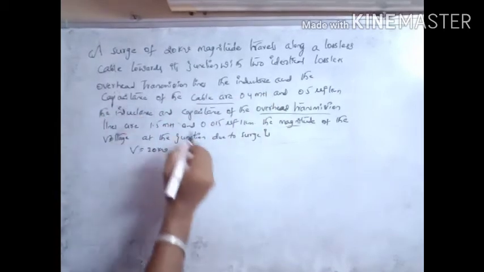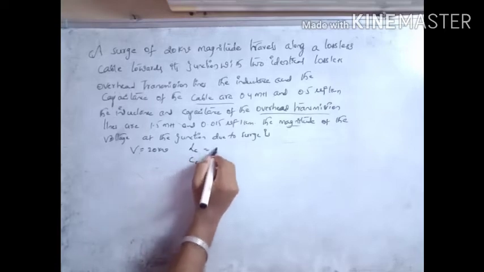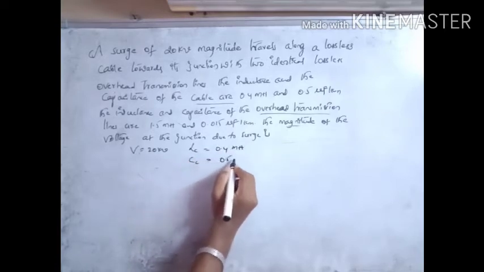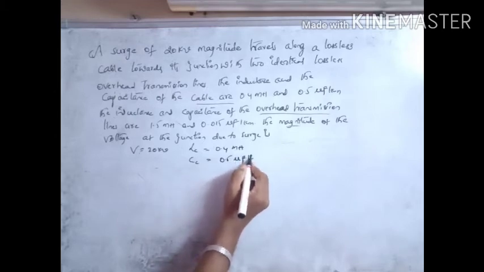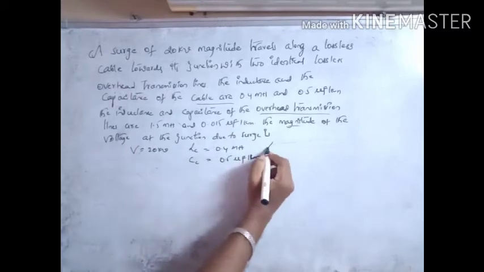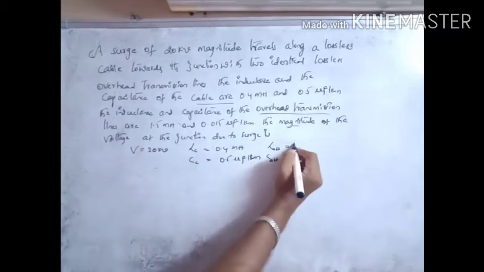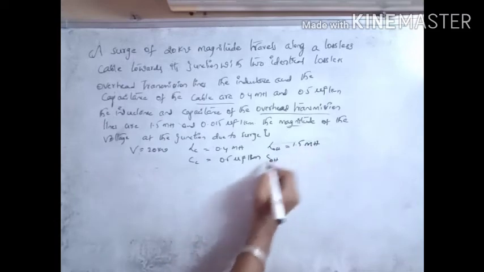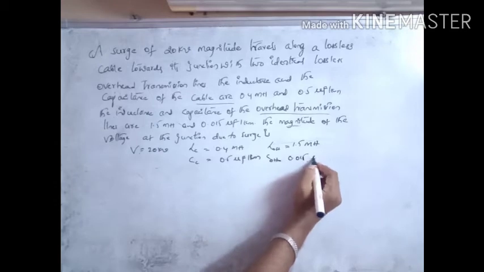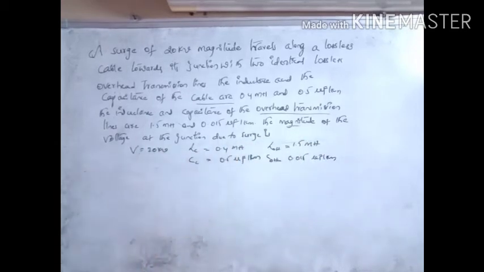The inductance and capacitance of the cable are 0.4 millihenries and 0.5 microfarad per kilometer, and the inductance and capacitance of the overhead transmission line are 1.5 millihenry and 0.015 microfarad per kilometer. The magnitude of the voltage at the junction due to surge is.